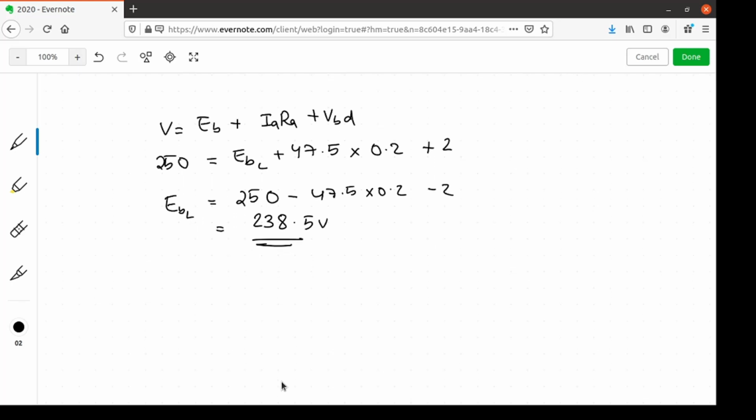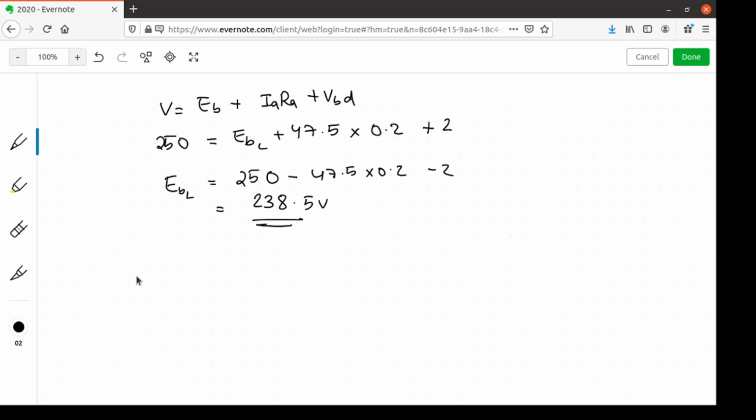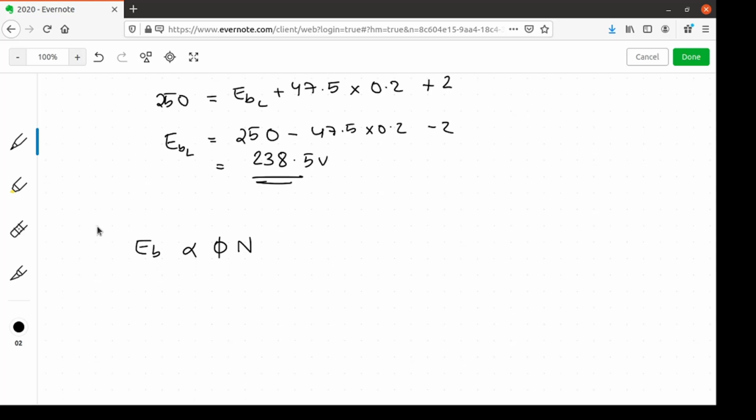Now we can proceed to find the speed. We can relate the back EMF, the speed and the flux as EB proportional to phi times omega, or phi times N, where omega is in radians per second and N will be in RPM. In the no load condition, EB naught equals some proportionality constant K times phi naught times N naught. And in the loaded condition, similarly, EBL equals the same proportionality constant K times phi L times NL.